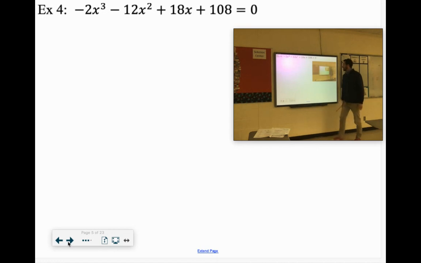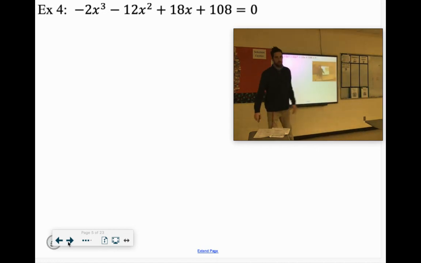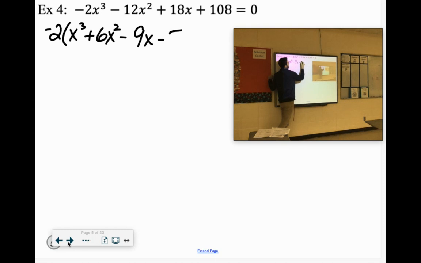Oh, yeah! So we have a greatest common factor. I see a negative for our first coefficient, so we're going to have to factor out that negative. They're also all divisible by 2. So if we kick out the -2, we'd have x cubed plus 6x squared minus 9x minus 54 equals 0.